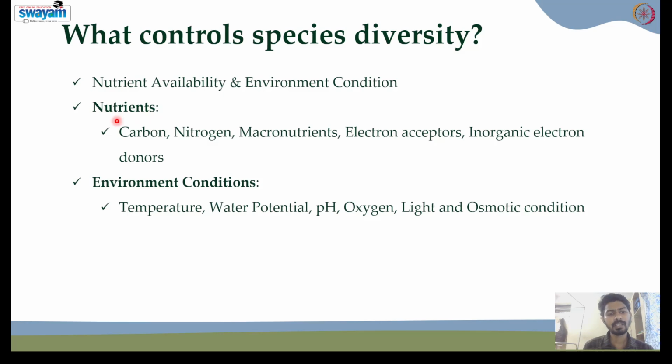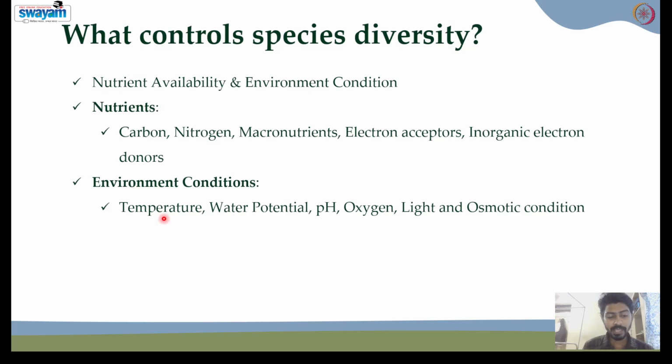And if we look at the nutrients, there are different types available. For example, carbon source, nitrogen source, macronutrients, electron acceptors, inorganic electron donors. These are some of the nutrients that are needed for a microorganism or any other species to survive. The next important factor is the environmental condition, which includes temperature, water potential, pH, oxygen, light, and osmotic condition.